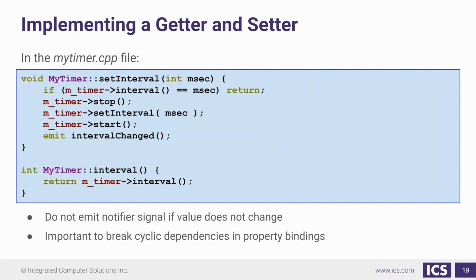If the data is already equal, there's nothing for this function to do. So we're going to return. Otherwise, we're going to go ahead and reset our timer and then emit that the interval has changed. And for our interval read function, we're simply just going to return the value of the interval.